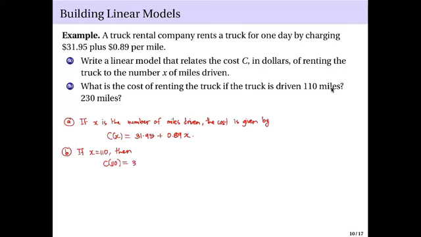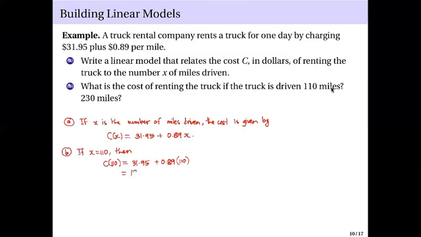This is equal to 31.95 plus 0.89 times 110. And please calculate this. Let's see. We have 110 times 0.89 plus 31.95.